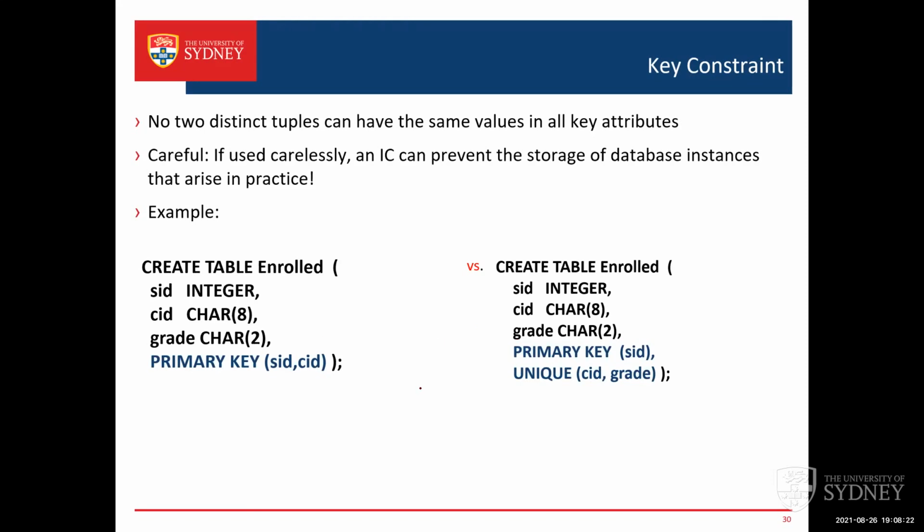Just looking at the structure, can you figure out which primary key definition will be wrong? Let's say this one is number 1, this one is number 2. Which one is wrong? That's what I want to know. Okay, everyone said number 2 is wrong. Any reasoning why number 2 is wrong?